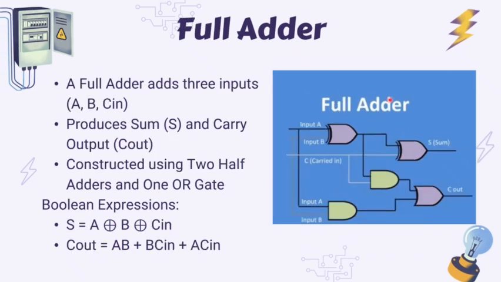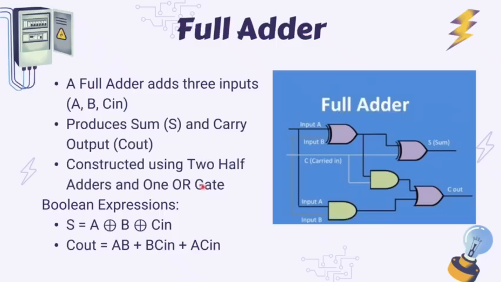Next is the full adder. A full adder is an advanced adder. It is used to add three binary inputs, namely A, B and carry input C. It produces sum and carry outputs. A full adder can be constructed using two half adders and one OR gate.